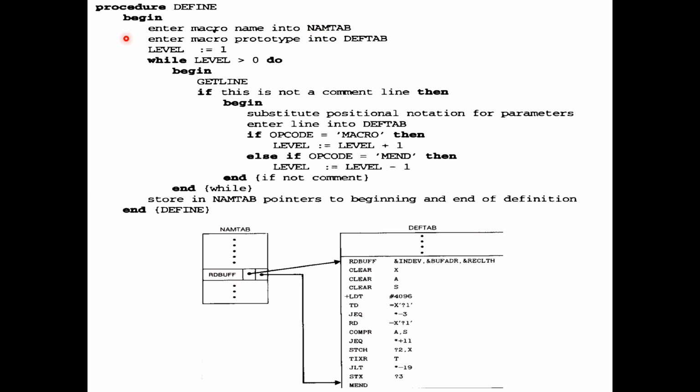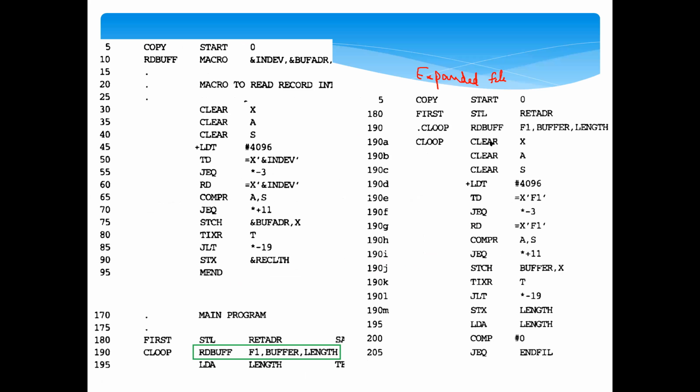The next statement is enter the macro prototype into definition tab. So this is a prototype, right? rdbuff followed by the 3 parameters. So after doing that, set the value of level to 1. Why we need a level is when you have nested macros coming. Sometimes there is a case, I'll show you a nested macro file.